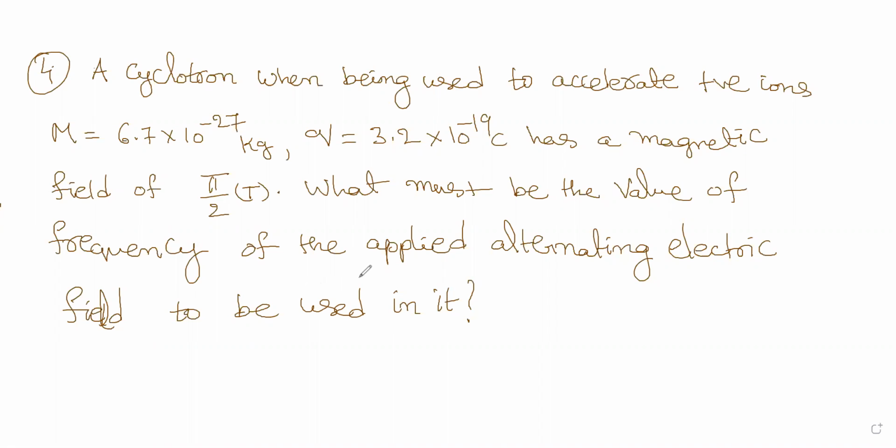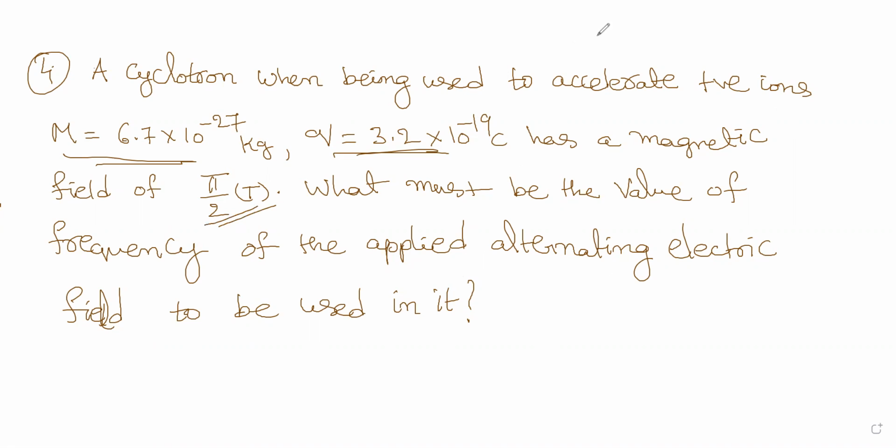So let's read the question once again. A cyclotron, when being used to accelerate positive ions, the mass of the positive ion is given as 6.7 into 10 power minus 27 kg, and the charge of the positive ion is this much, has a magnetic field of pi by 2 Tesla, and what must be the value of the frequency of the applied alternating electric field to be used in it.